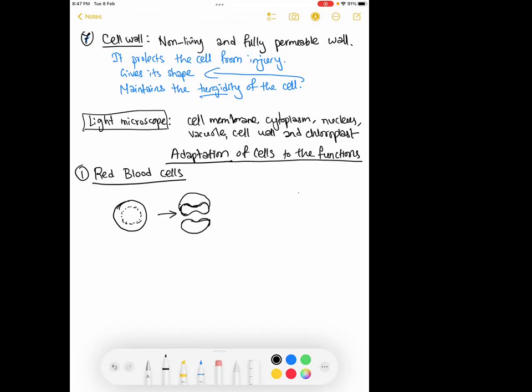It is dumbbell shaped, okay. This is a biconcave disc shape. So first of all, red blood cells, let me call them RBC in short. I'll die writing red blood cell again and again. RBC, they do not have any nucleus.